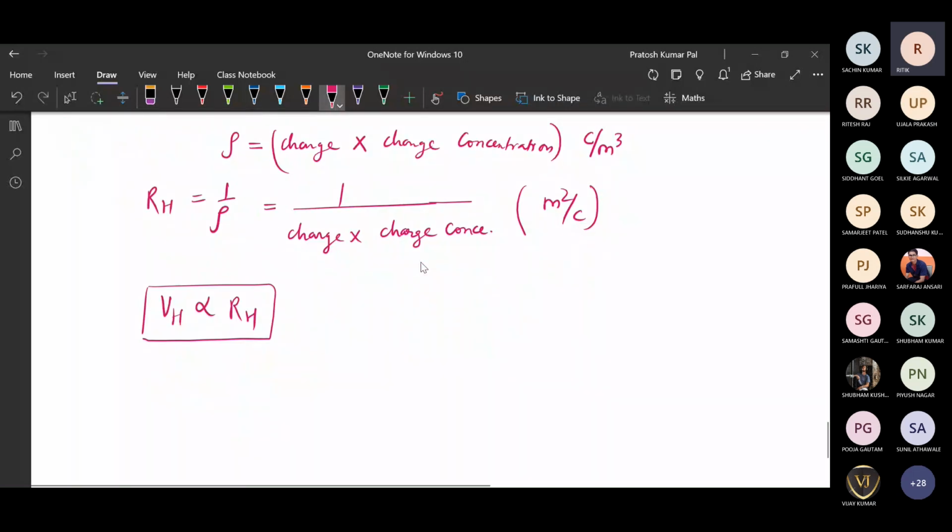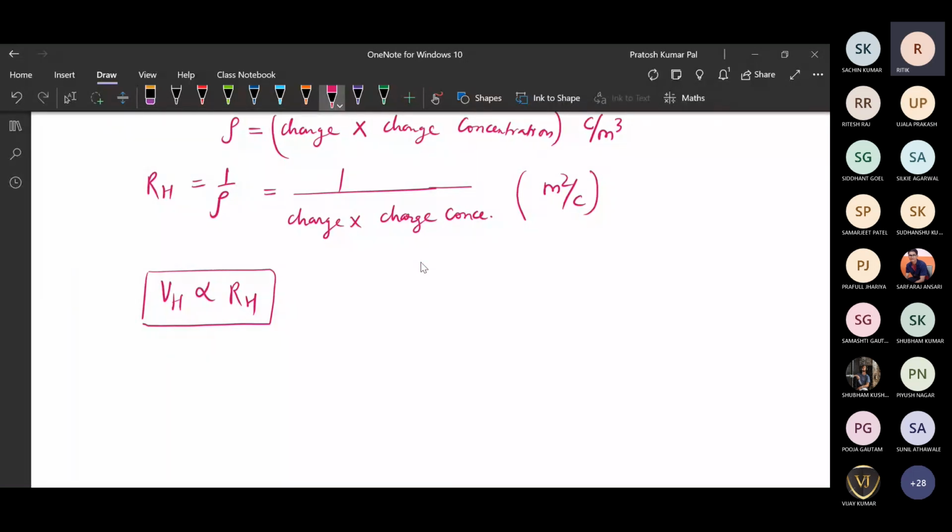If the Hall voltage is negative, then the specimen will be either n-type or a metal. And if VH is positive, we will say the specimen is of p-type.